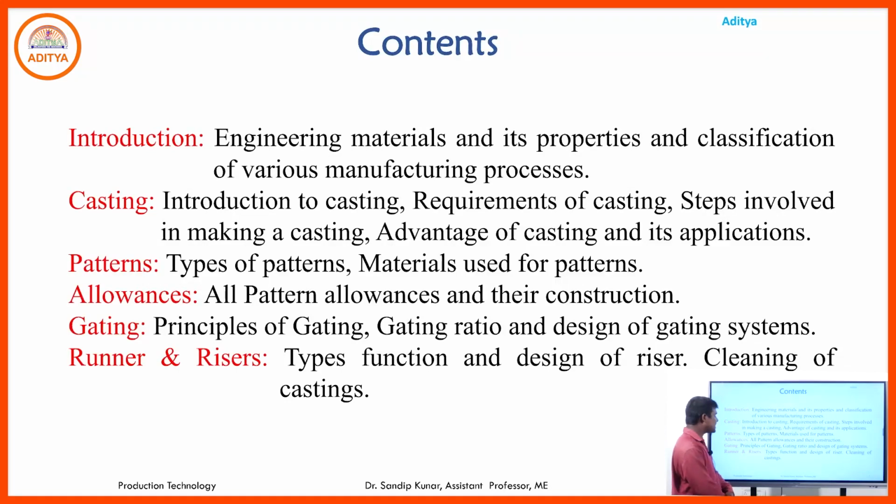Third, patterns: types of patterns and materials used for patterns. Fourth, gating: principle of gating system, gating ratio and design of gating system. Fifth, runners and risers: types, functions and design of riser, and cleaning of casting processes. These are the contents under Unit 1.